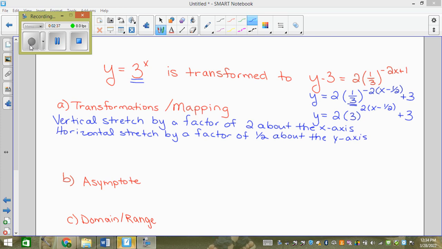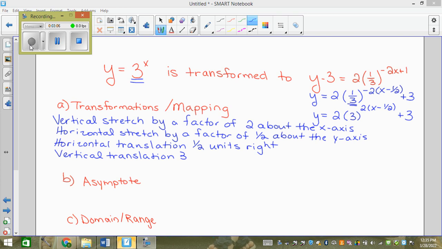I have no reflections, they're both positive. I have a horizontal translation, one half units right, and a vertical translation three units up.